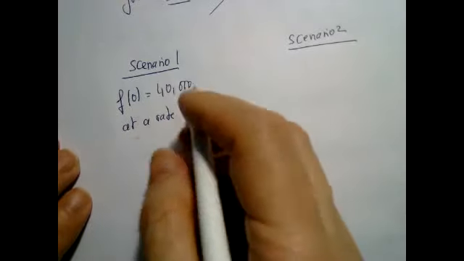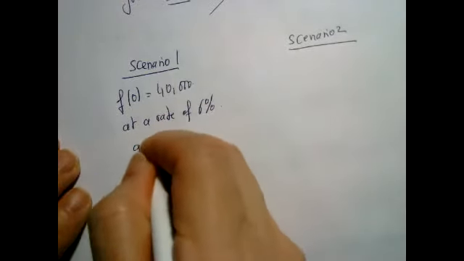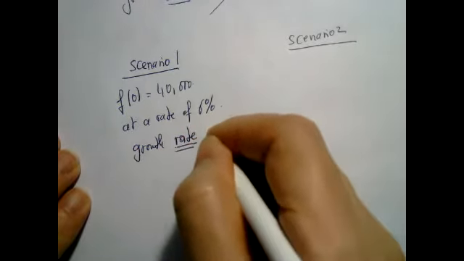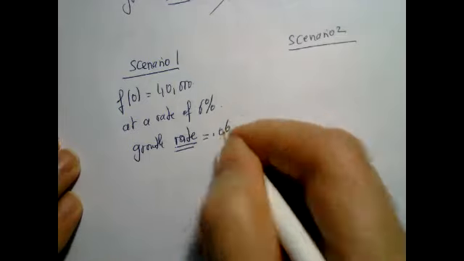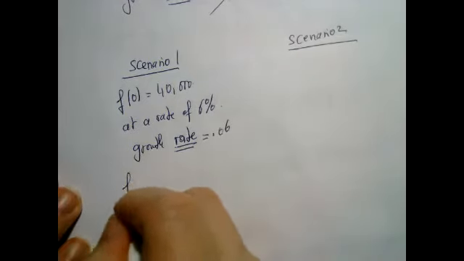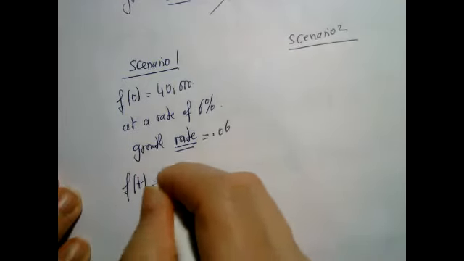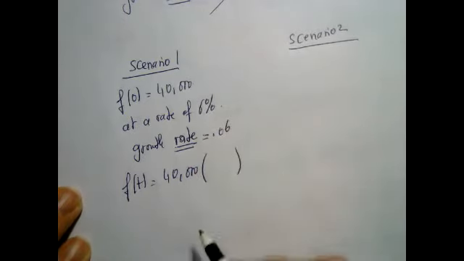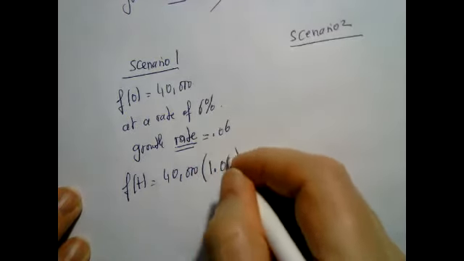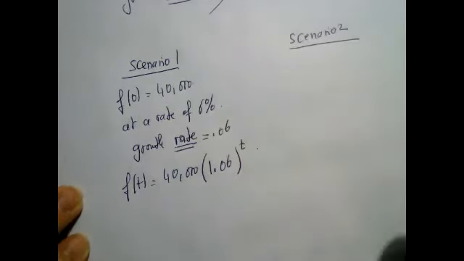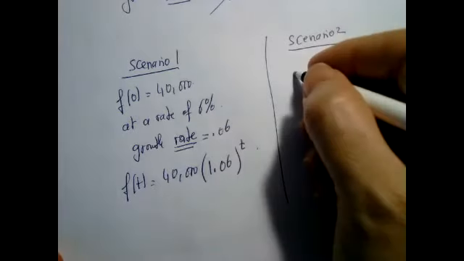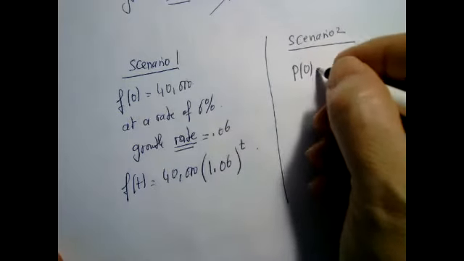So the growth rate is 0.06, and the formula was 40,000 times, watch carefully, 1.06 to the power t. And then in the second scenario, my initial population was 20,000.